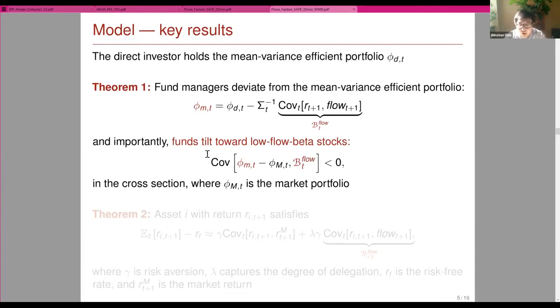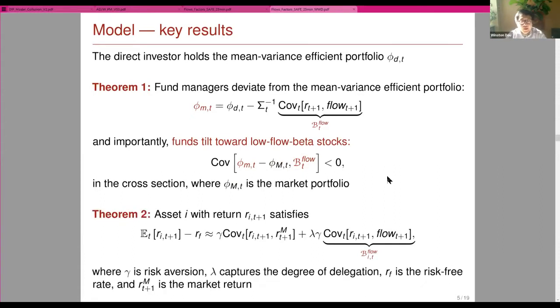And this very simple result, just like the CAPM, is very elegant and novel in the sense that it is testable, because the benchmark here, the market portfolio, is observable, and the flow betas are estimable. Okay. And based on this asset allocation, our model also implies that for any asset i with return R_it, the excess return is not only due to the market beta, but also due to the fund flow beta.